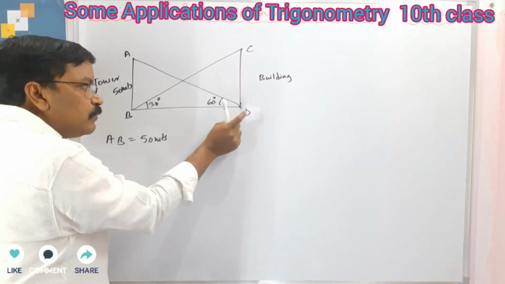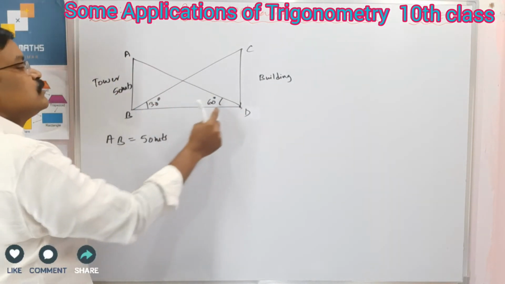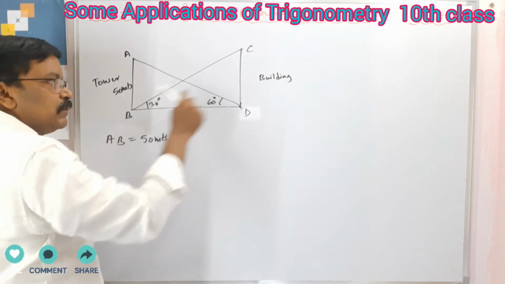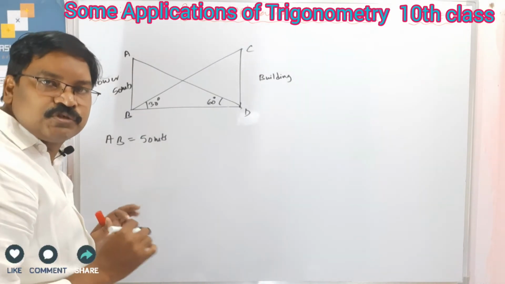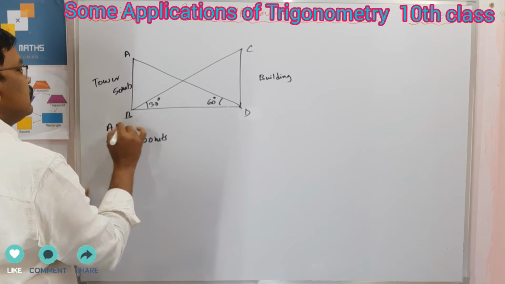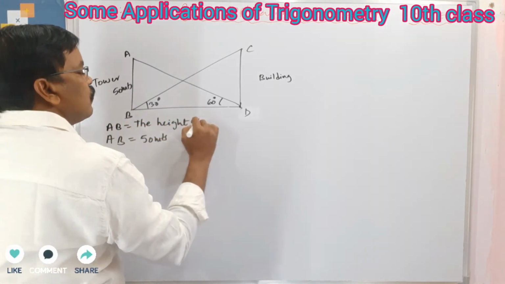From the foot of the building, the angle of elevation of the top of the tower is 60 degrees. From the foot of the tower, the angle of elevation of the top of the building is 30 degrees. Understood? Right. So here AB means the height of the tower.